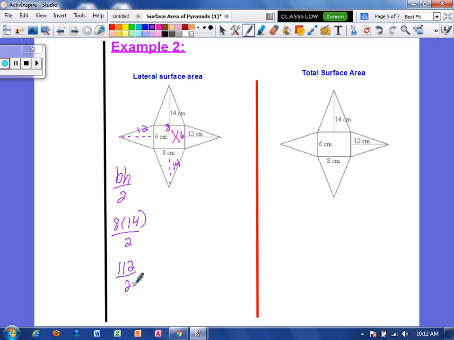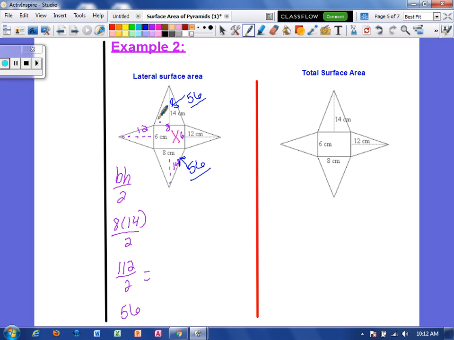And 112 divided by 2 equals 56. So the area of this triangle is 56 centimeters squared, which means the area of this triangle is also 56 centimeters squared.